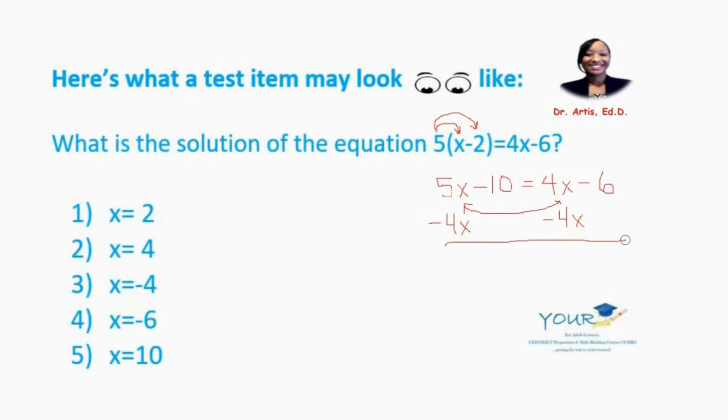So when we subtract 4x on both sides, that allows us to cross out 4x on the right side of the equation because a positive 4 and a negative 4 cancel each other out.